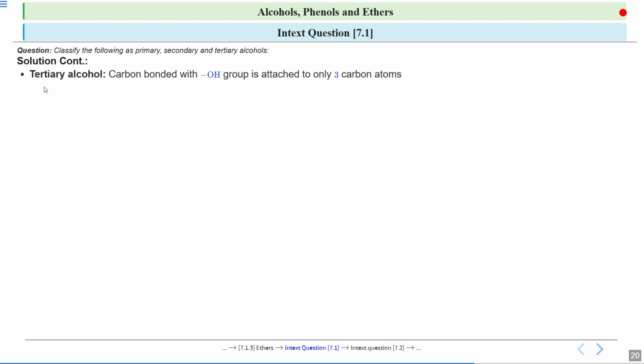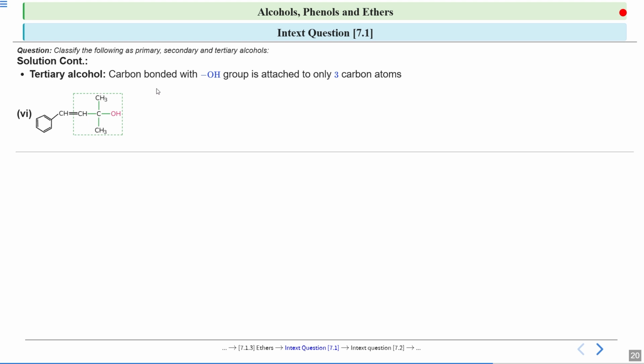Now, for the tertiary alcohol, the carbon bonded with the hydroxyl group is attached to three other carbon atoms. The sixth structure is the only tertiary alcohol: the benzene ring attached to CH double bond CH, C, CH3, CH3OH.